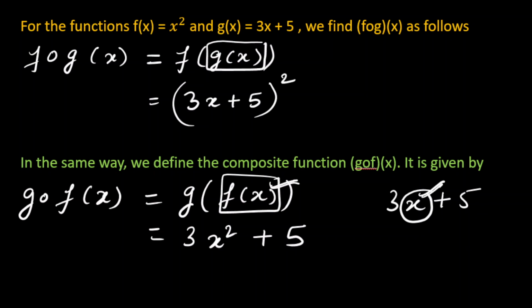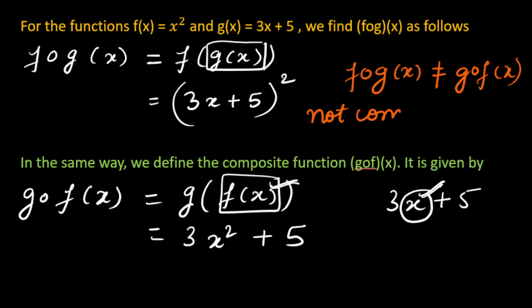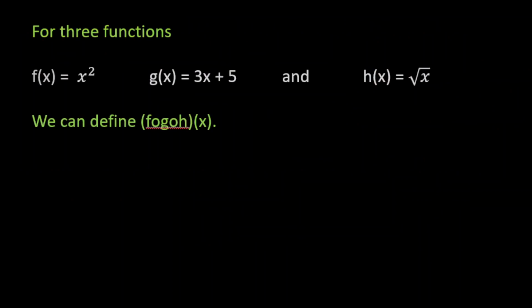A very important thing from this: we can see f of g is not equal to g of f. Which means composite function is not commutative. The values are not the same. f of g is not equal to g of f. So this is very important.